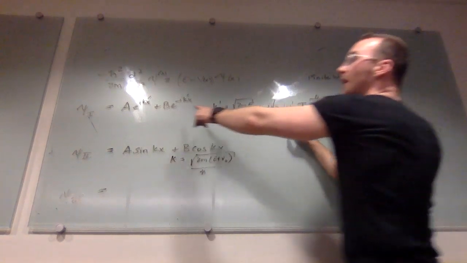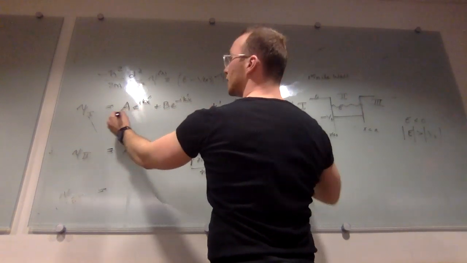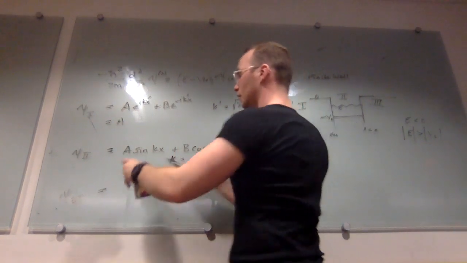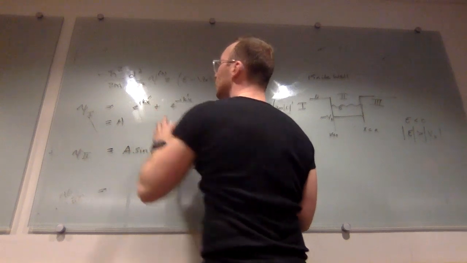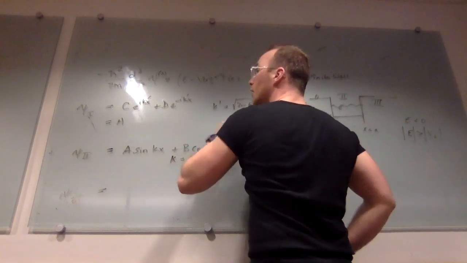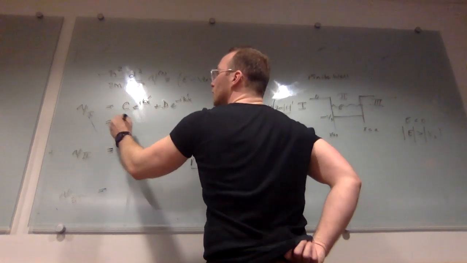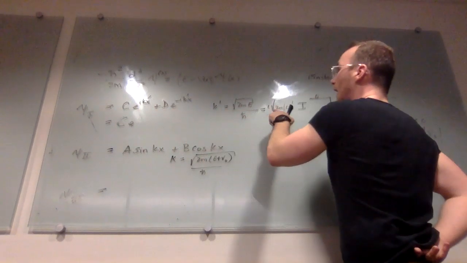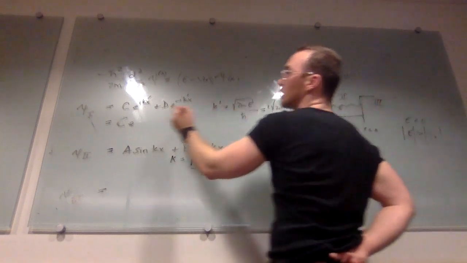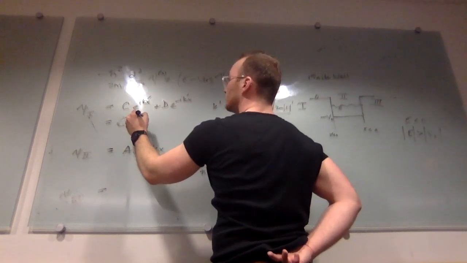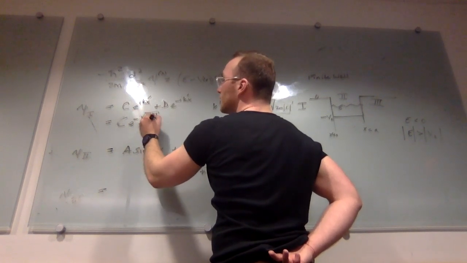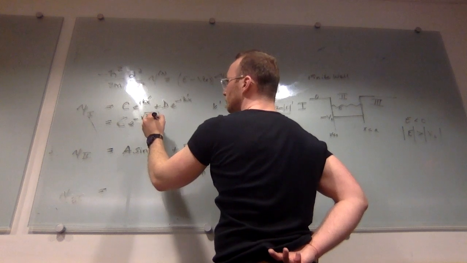Now, if I plug k prime back into here, I get a... oh, sorry, I shouldn't use a and b because I used a and b here. C and D. So now I get C e to the i k prime x, but k prime has an i here, so it's going to be e to the minus radical 2m absolute value of E over h bar x.